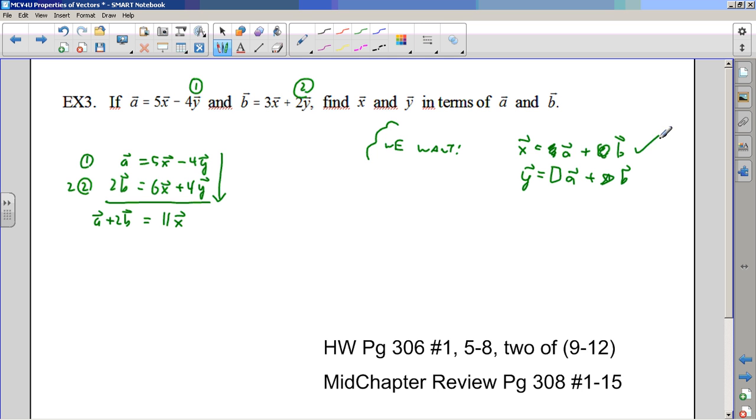Suddenly, it's looking like that, isn't it? I get a little smiley face. This idea of eliminating the y's is going to allow me to write it like this. And so now if I divide by 11 on each piece, then therefore x is equal to 1/11 A plus 2/11 B. And there's my expression for x.